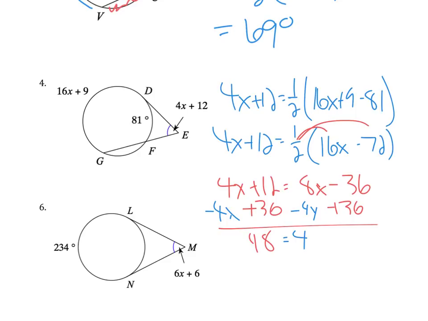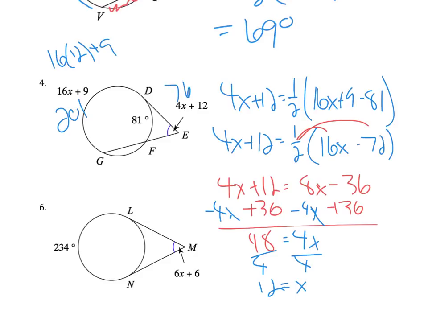I get 4x there, divide by 4, and x equals 12. If we're to substitute that back in, you get 16 times 12 plus 9 is 201. And then 16 times 4, 64 plus 12 is 76 degrees.